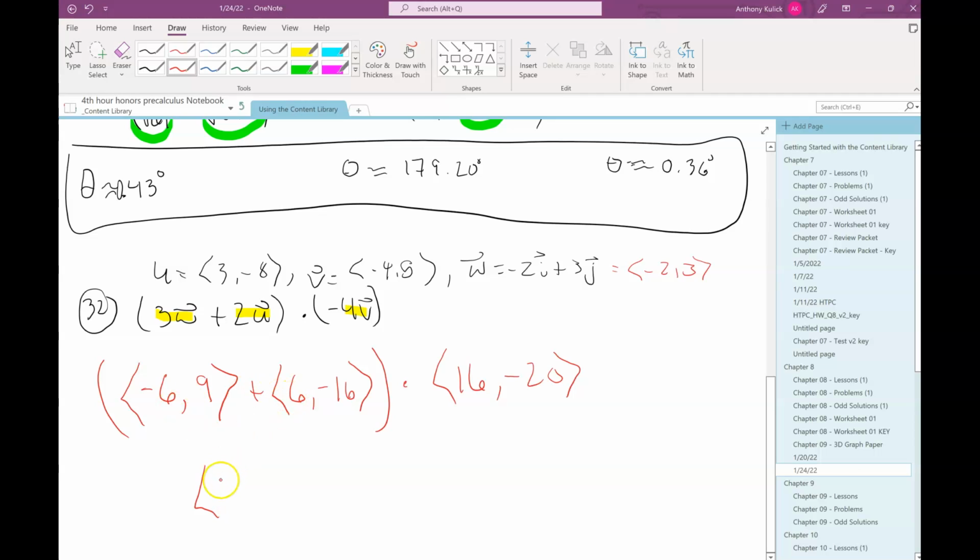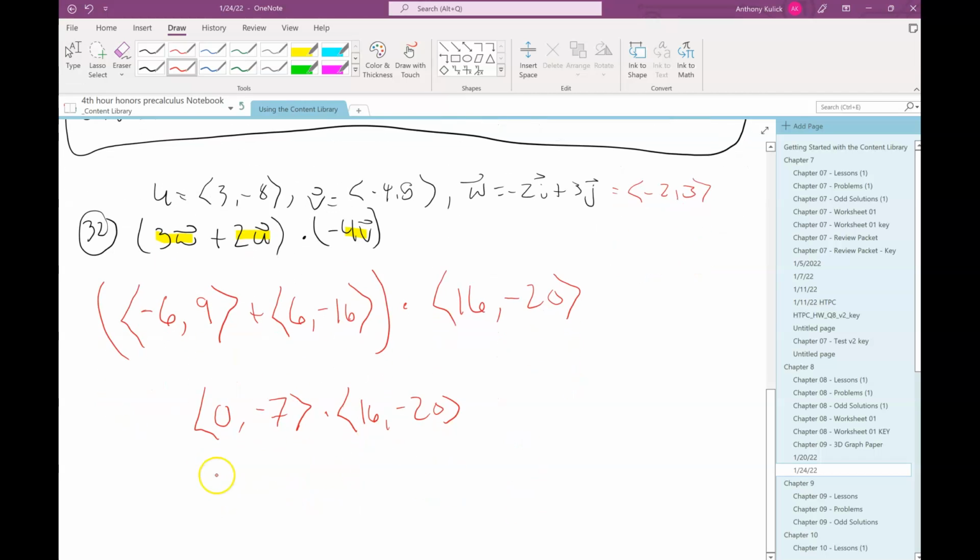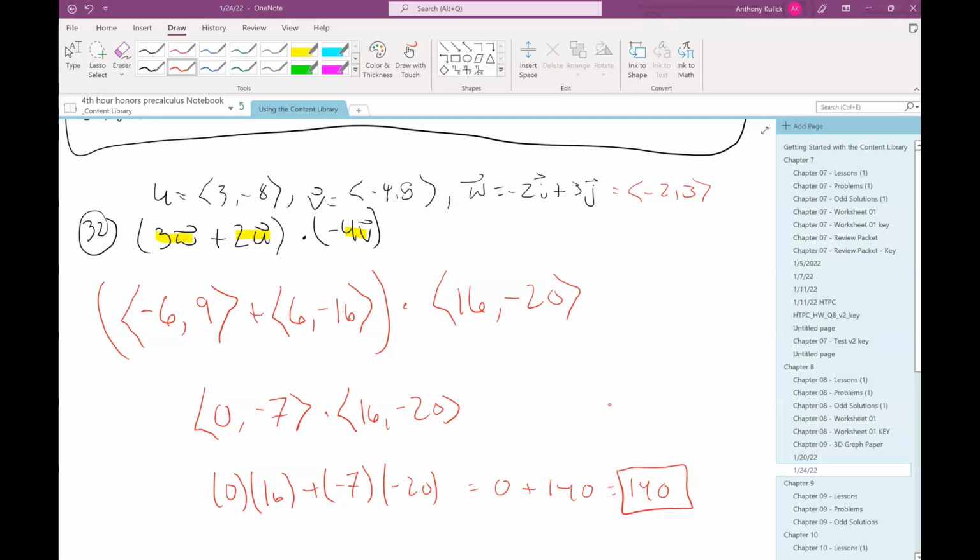So negative 6 plus 6 is 0. And 9 plus negative 16 is negative 7. And then we'll do the dot product. And I just get 0 plus 140 or 140. Again, the dot product is the product of the x's plus the product of the y's.